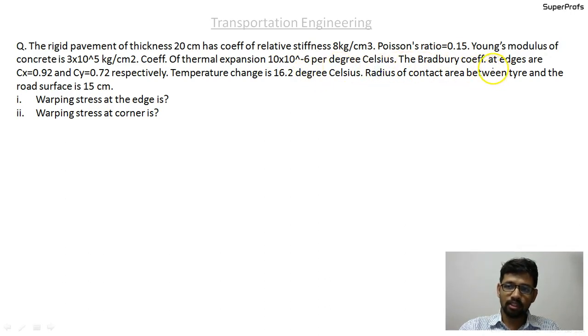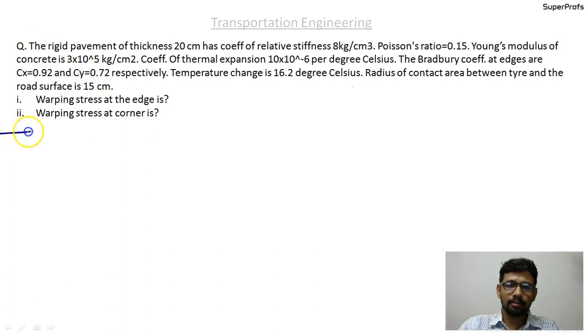The Bradbury coefficients at edges are Cx equal to 0.92 and Cy equal to 0.72 respectively. Temperature change is 16.2 degrees Celsius. The radius of contact area between tire and the road surface is 15 centimeter. So the warping stress at the edge is, and the warping stress at the corner is. This is the question. So let us write down the data.